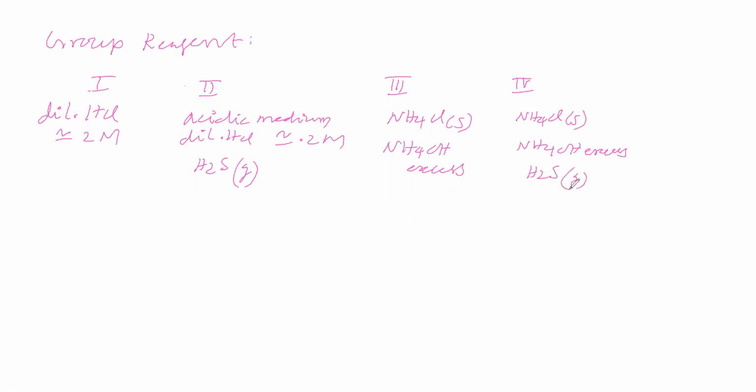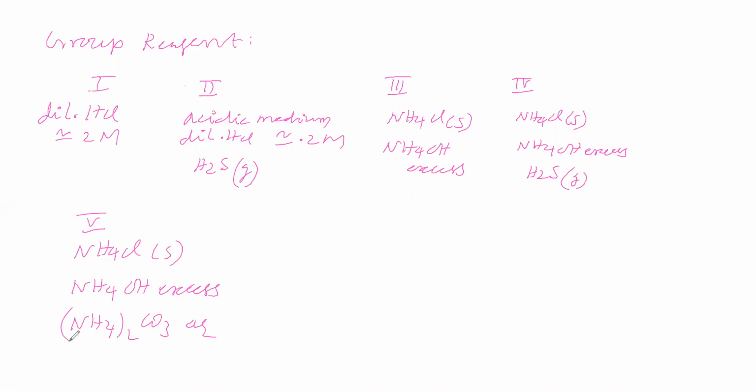Next, the group 5 reagent is solid ammonium chloride, excess ammonium hydroxide, then aqueous ammonium carbonate solution.